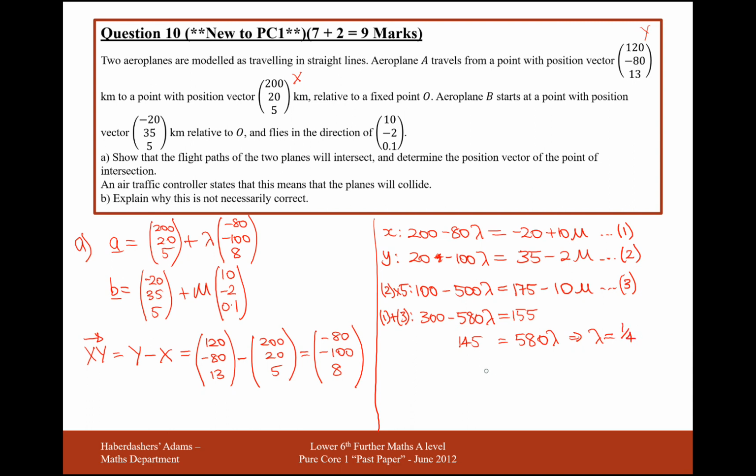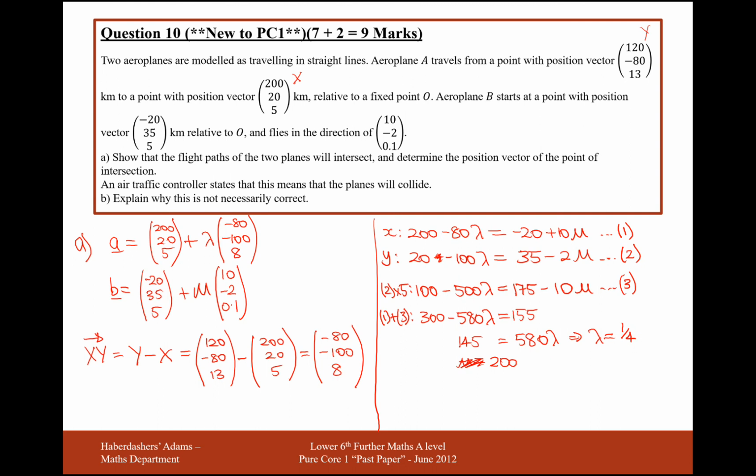Okay, excellent. I'll probably need to find mu as well. So I'll plug this back into one of my equations. Let's use the first one up here. 200 take away 80 lambda.